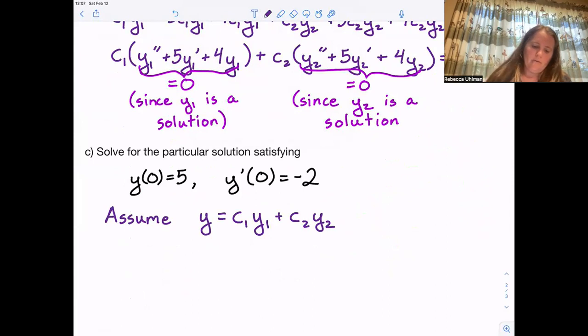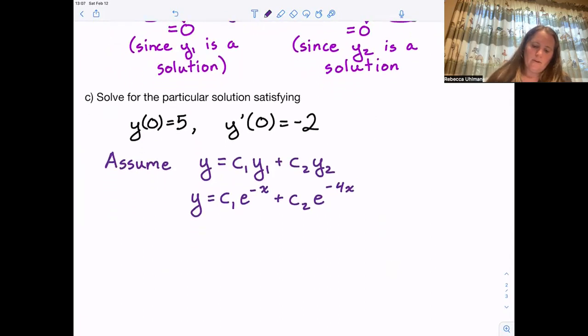And so y is equal to c1 times e to the -x plus c2 times e to the -4x. In addition, y prime would be -c1 e to the -x minus 4c2 e to the -4x.